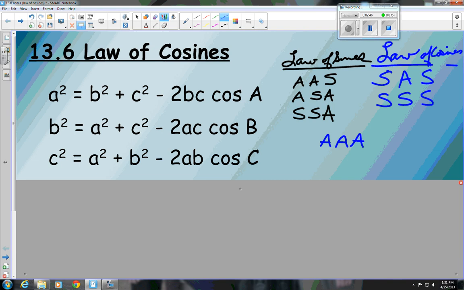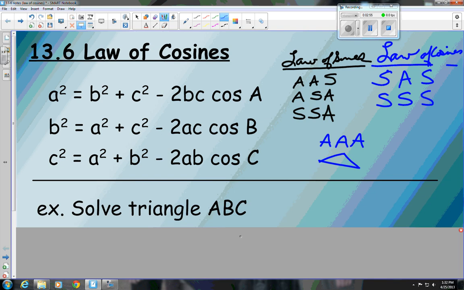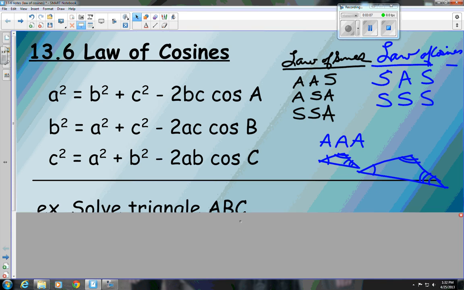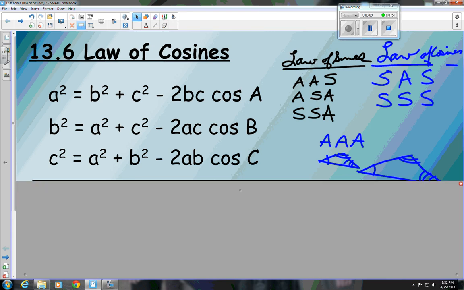You could figure out the ratios of the sides, but if all I know is 3 angles, I could have one little bitty triangle like that, or I could have a very big triangle where the angles are all the same, but the sides are not. So if all you know is 3 angles, you cannot solve a triangle. However, all those others you can.